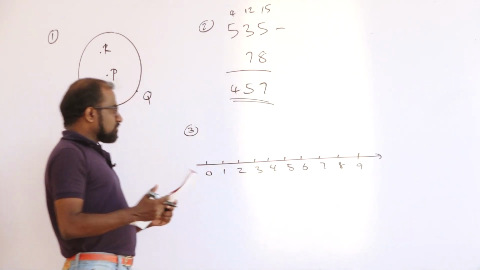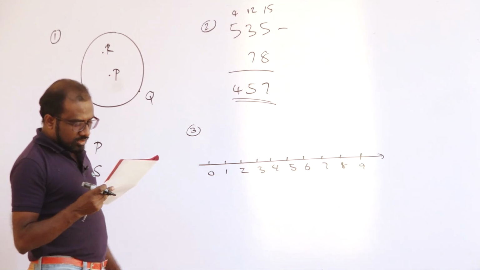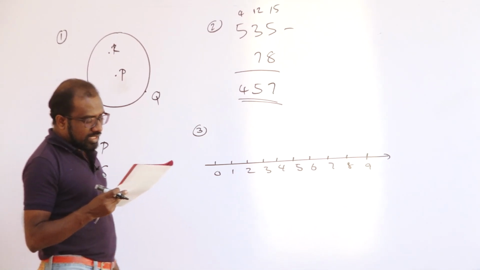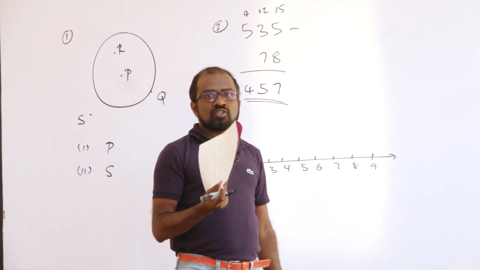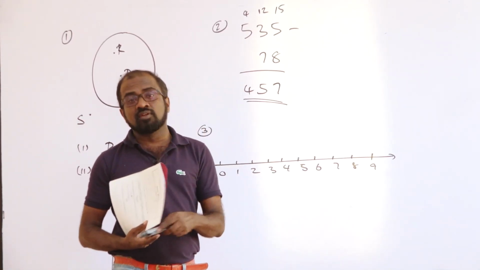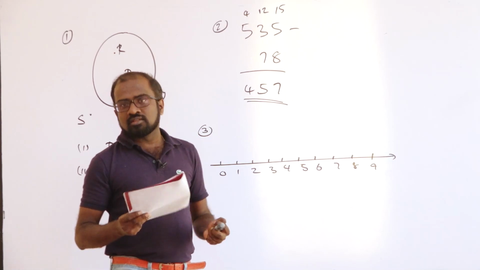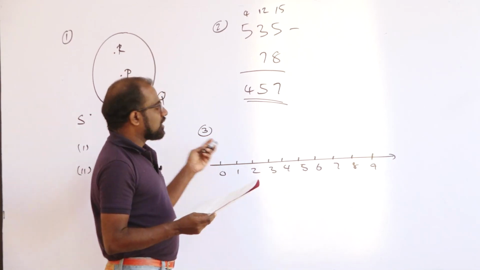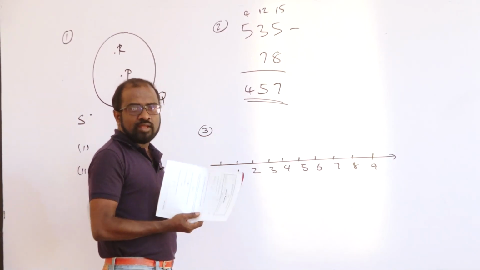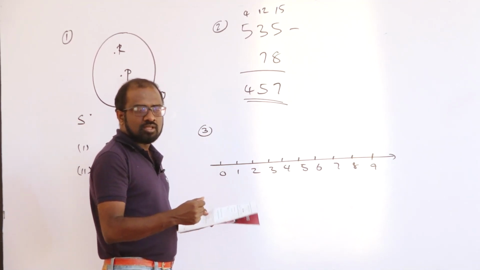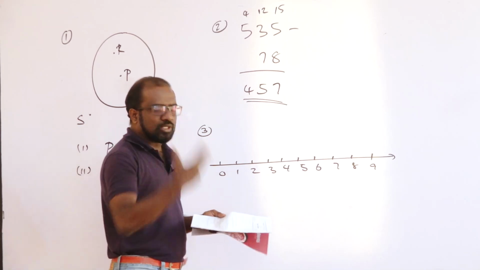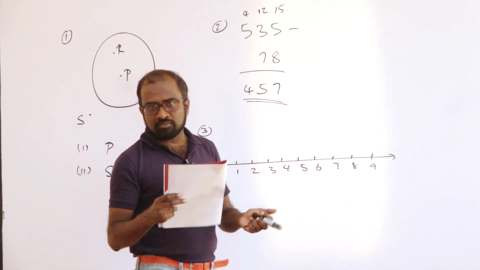Numbers from 0 to 9 are given on the number line. Mark all the odd numbers. You should know odd numbers and even numbers by now. We have done it in the class. What are odd numbers? Numbers where 1 remains when you divide by 2. If you can divide by 2 without remainder, they are known as even numbers.